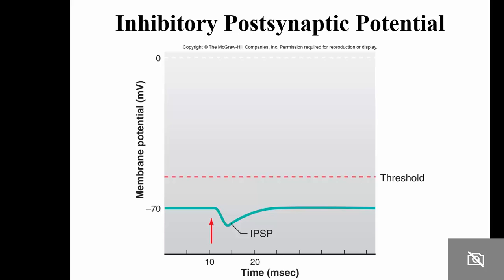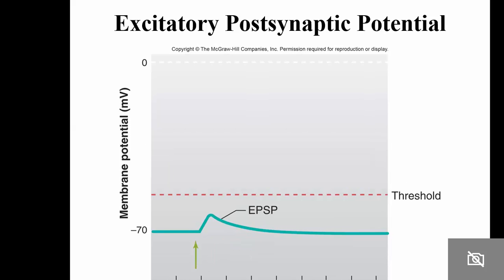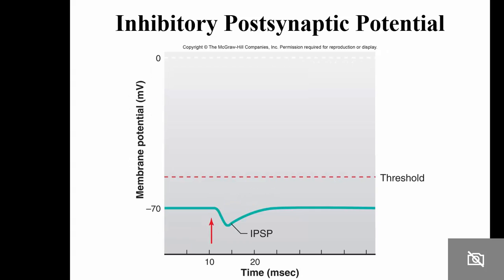Okay. So this is an inhibitory one, same thing. This type of signal is coming from an inhibitory neurotransmitter. This type of signal is coming from an excitatory neurotransmitter, released from an excitatory neuron, where this one would be released from an inhibitory neuron. An inhibitory neuron will release inhibitory neurotransmitter, and an excitatory neuron will release excitatory neurotransmitter.